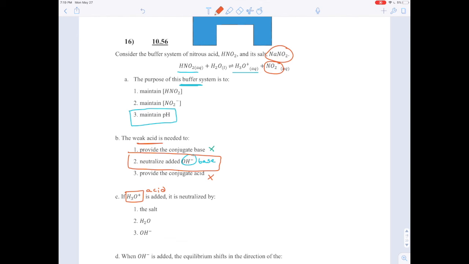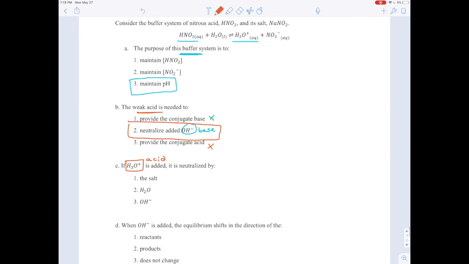So if you wrote down 1, I would accept that. Is it neutralized by water? I would accept that too. After all, water is acting as a base. It starts with 2 hydrogens, it ends with 3, that means it accepts H+, so it could accept H+ from the H3O+. So I would accept 2 also for this.